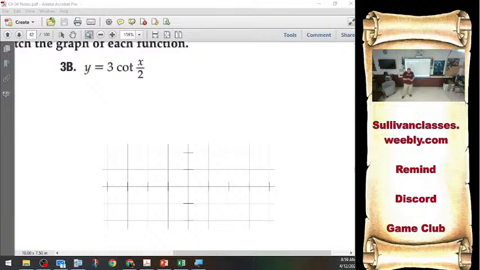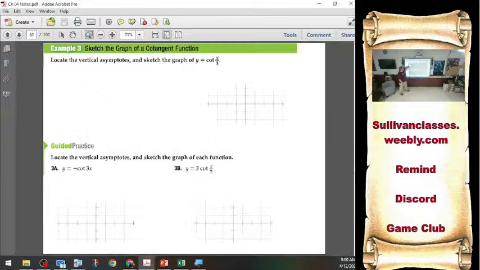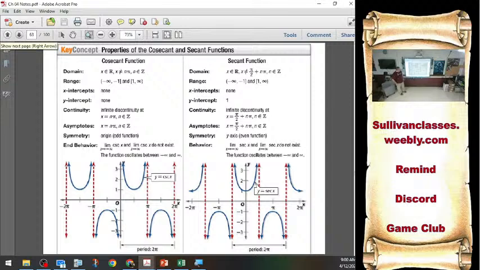Intercepts are asymptotes. Asymptotes are intercepts. Maximums are minimums. Minimums are maximums. Everything flips inside out, Stranger Things style. You're in the upside down. Okay? Which is why these graphs look so funky.